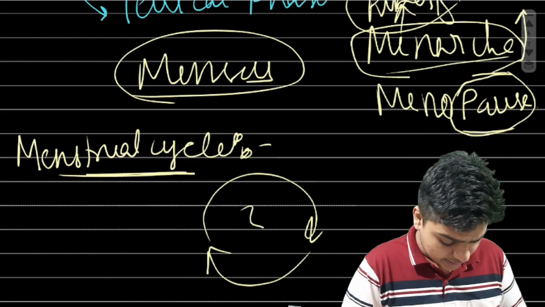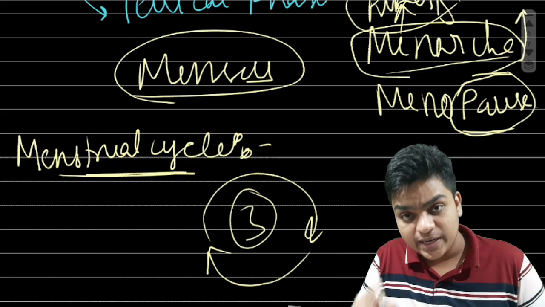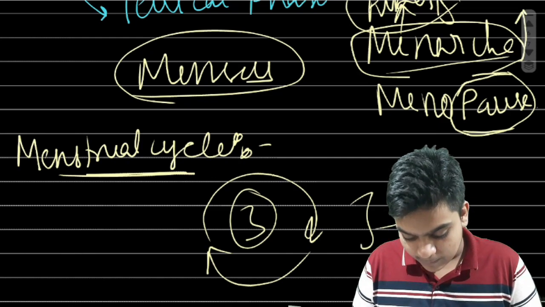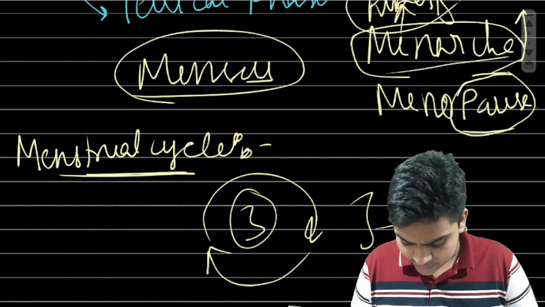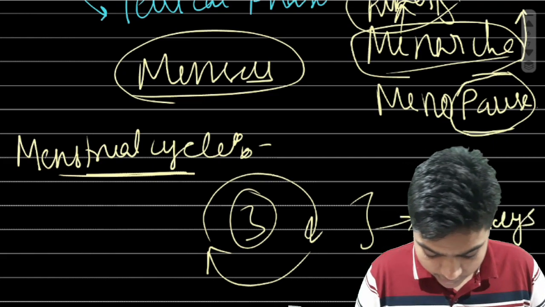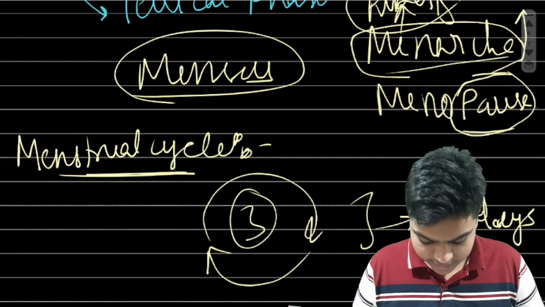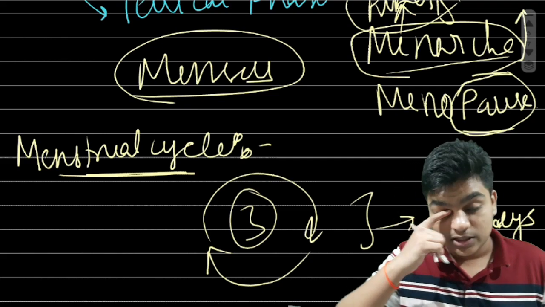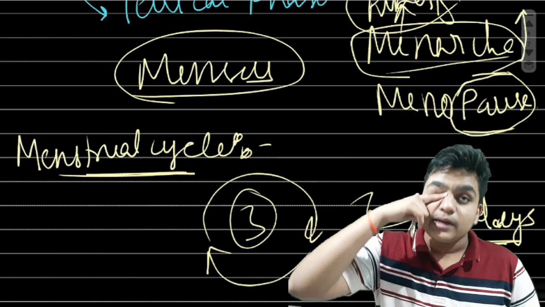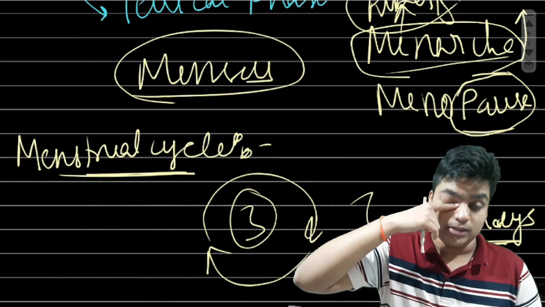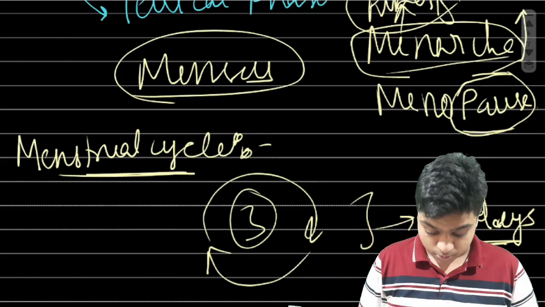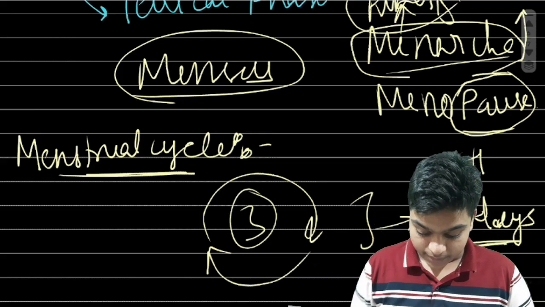We have three phases, and these three phases repeat once in every 28 to 29 days. Put it as 28 in round figure. In these 28 days the midday would be your ovulation day, most probably the 14th day.